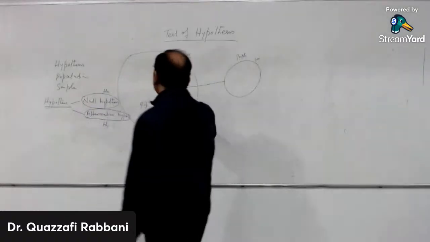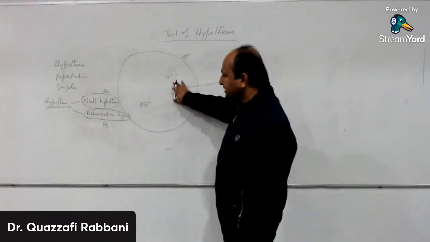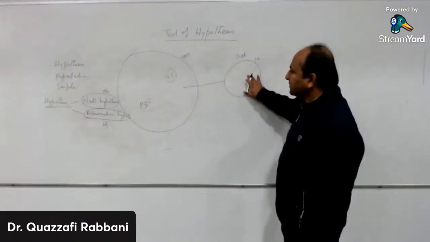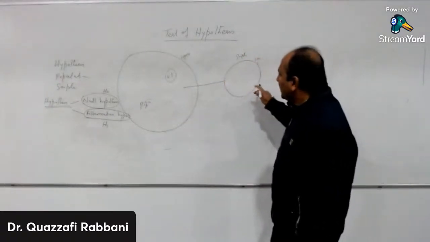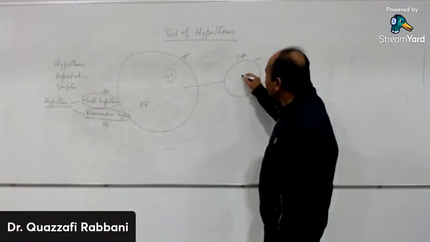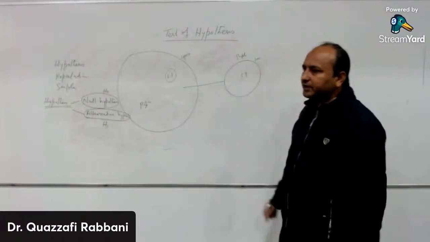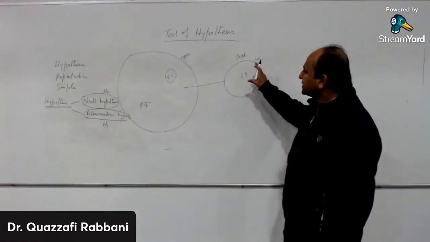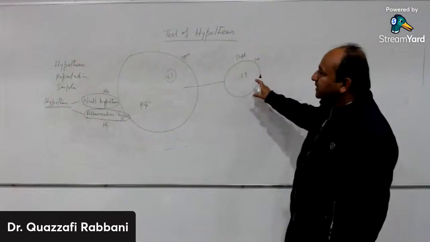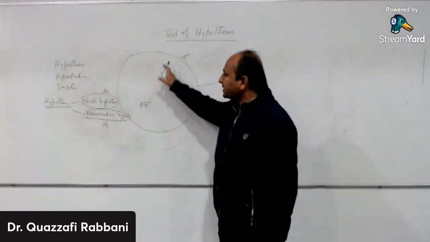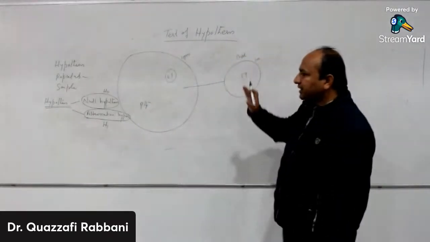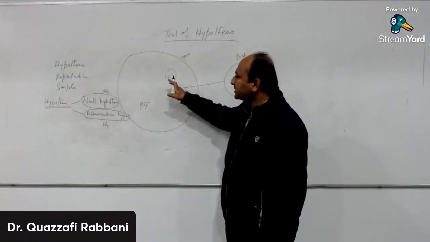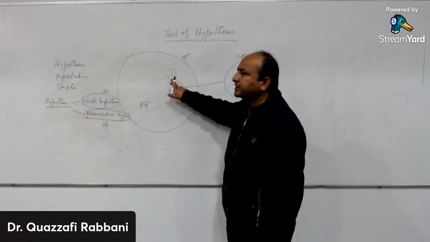Suppose this is the population value, the population parameter, and this is the sample. If we take a sample and calculate the average height, the average height of the students from the sample is 5.9. Now on the basis of this sample, we state the average height of this population, which may not be actual, but it is stated that the average height is 6.1.